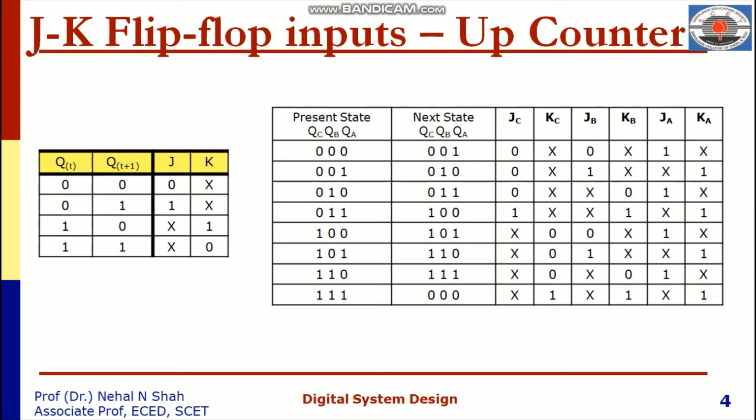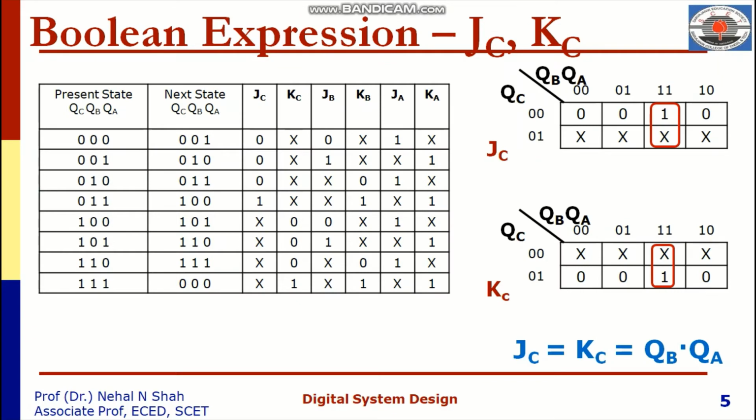Based on this table, now we can use K-map to identify the Boolean expression for all 6 inputs. First of all, we will identify JC, KC. So, we can draw the K-map. In present state, there are three variables. So, a three variable K-map is shown for JC over here.